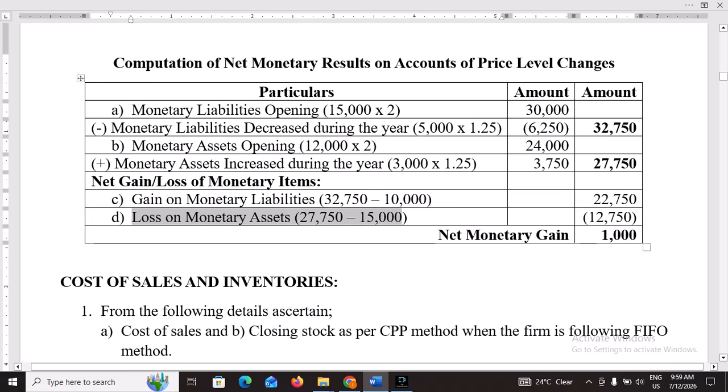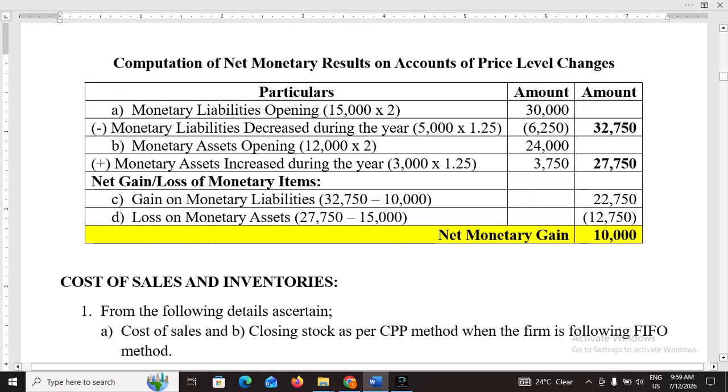Now do the calculation: 22,750 minus loss of 12,750, so the answer is 10,000. This positive means net monetary gain.